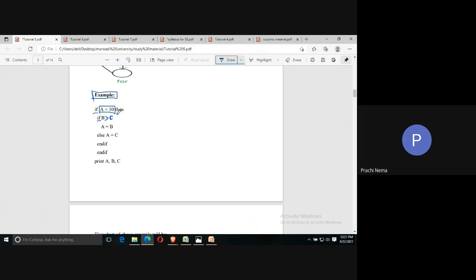Because we are assigning here itself, it cannot be any other value assigned to A. So if A is equal to 10, then check for another condition: if B is greater than C, then A should be equal to B. Otherwise, A should be made equal to C. End the two ifs and print the three variables.